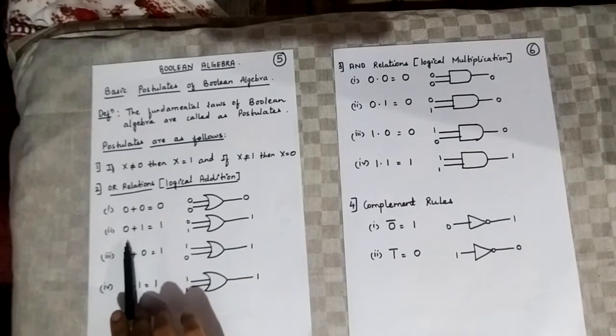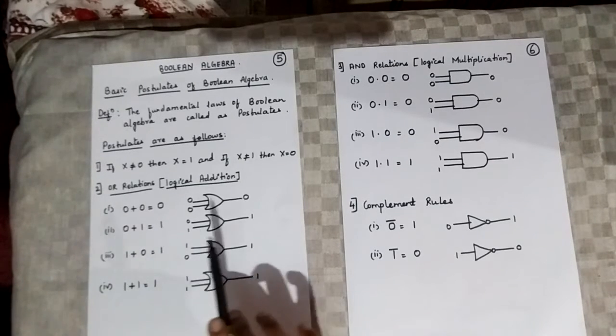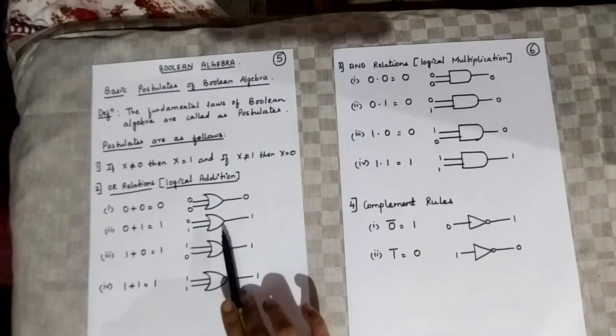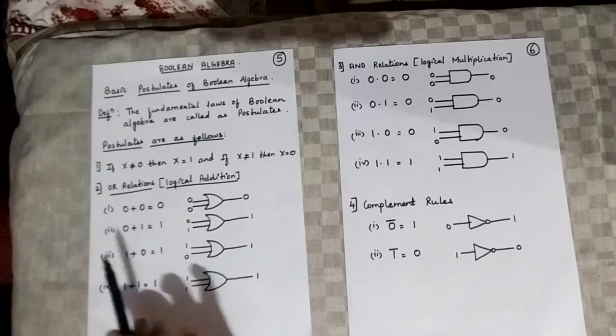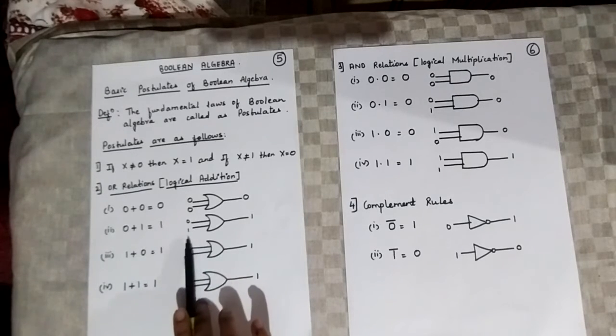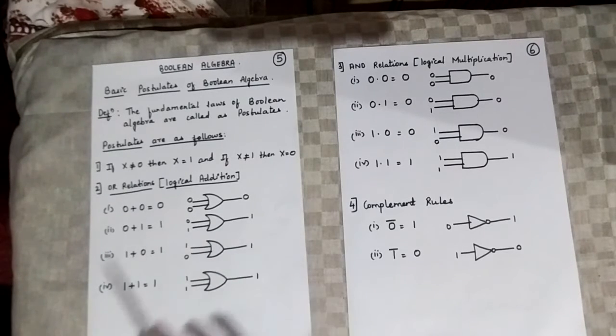Moving to the next one, it says 0 plus 1 results in 1. Corresponding to that, we are taking the OR logical symbol, wherein you see to the left hand side, we are taking these two inputs, 0 and 1. When we say 0 or 1, it is going to result in 1.